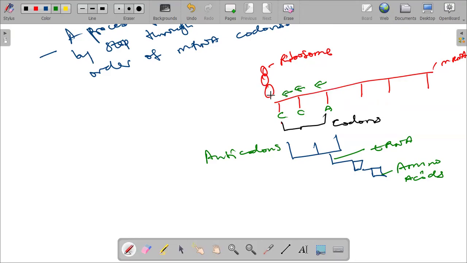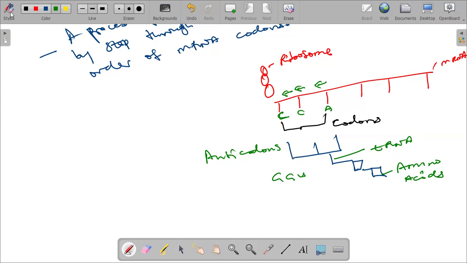As it passes through, the ribosome will read this CCA, and then the tRNA is supposed to bring the corresponding anticodon, which is going to be U. So it comes with the corresponding amino acids there, and then specific proteins are manufactured.